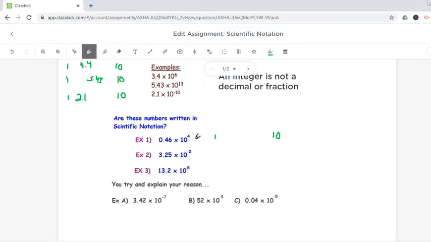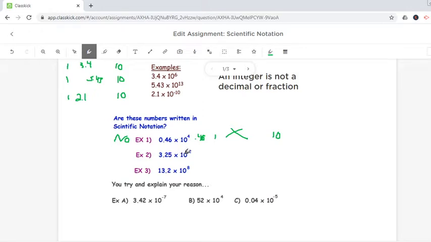It's below 1. So it's not between 1 and 10. Are these numbers written in scientific notation? No. Example 1, no.